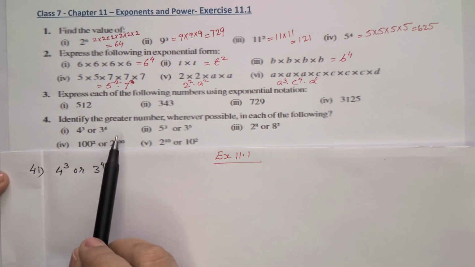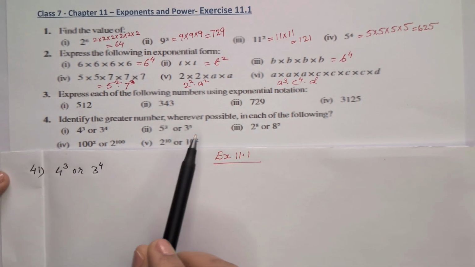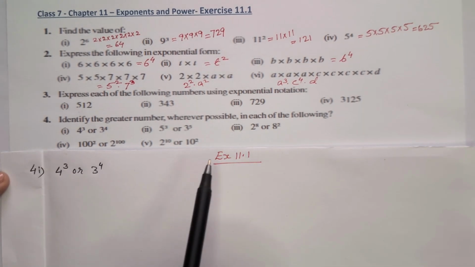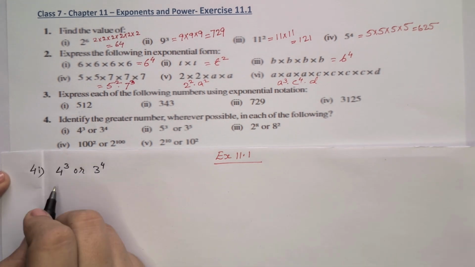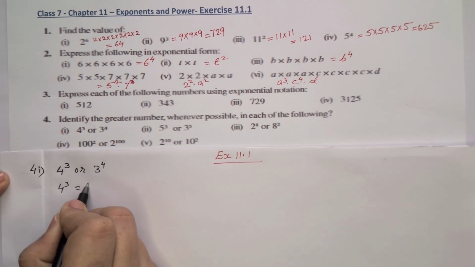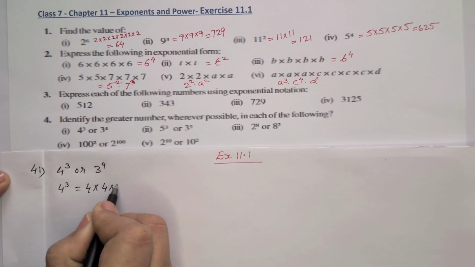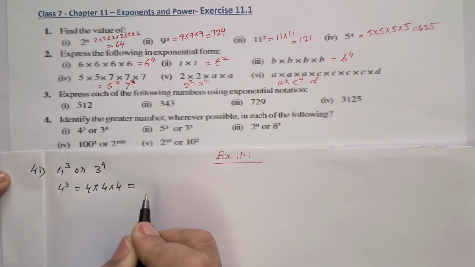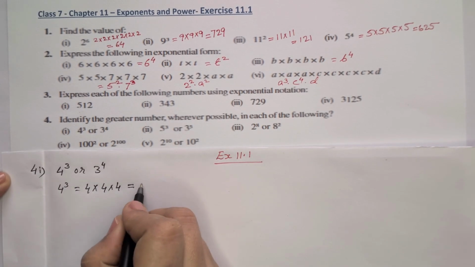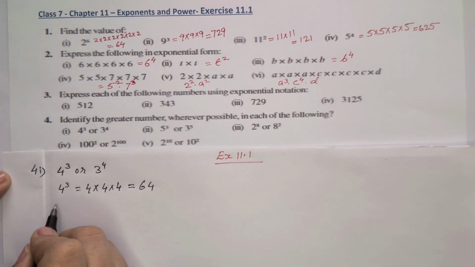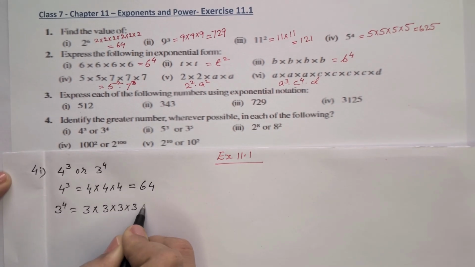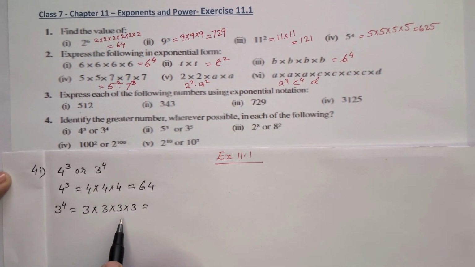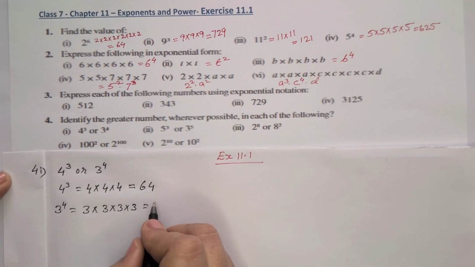Question number 4. Identify the greater number whenever possible in each of the following. First one, 4 cube or 3 raised to 4. 4 cube, we know, is 4 into 4 into 4. That means three times we have to multiply 4. We will get 64. 3 raised to 4 means 3 four times. 3 into 3 is 9, 27, then 81.